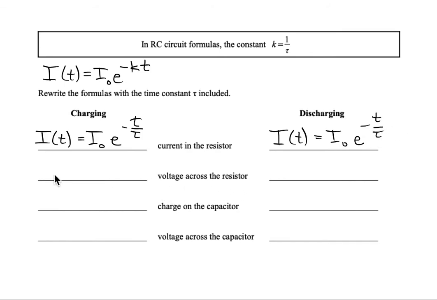For voltage across the resistor, V_R as a function of time is equal to V_0 e to the negative t over tau. And for discharging, as we saw before, we would use the same formula.